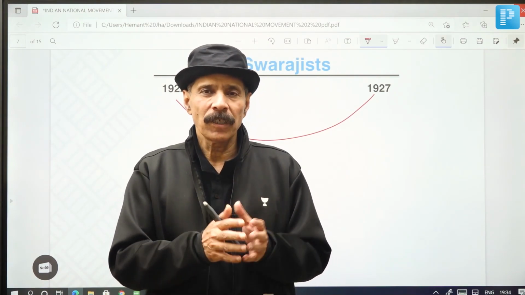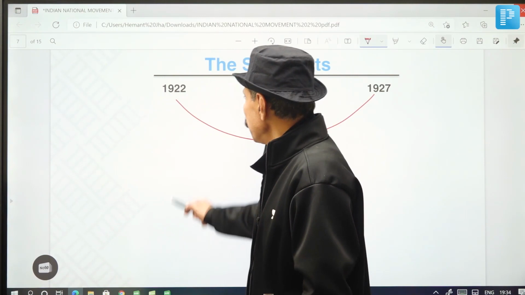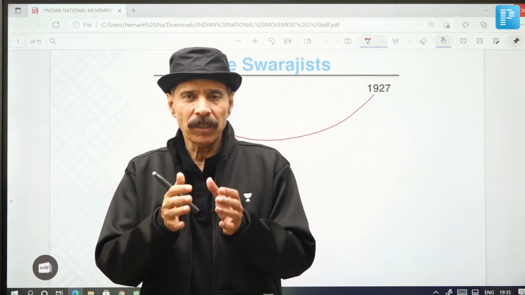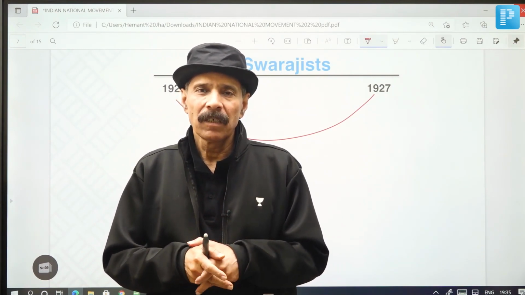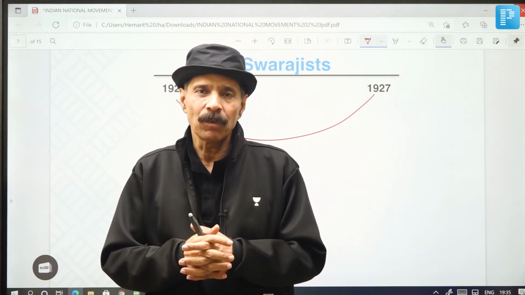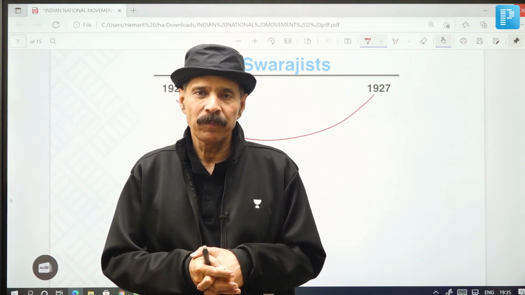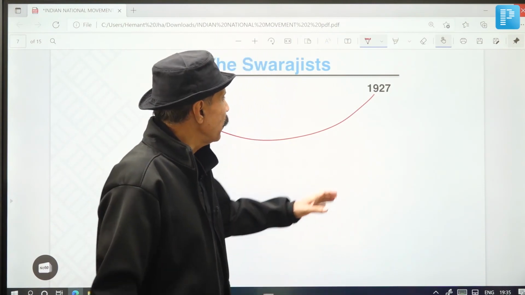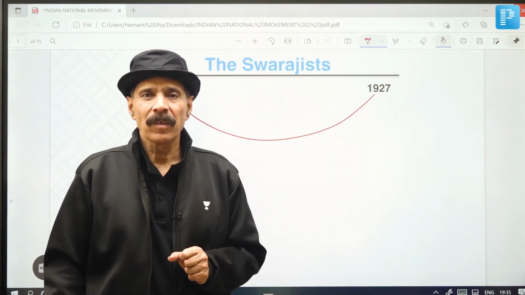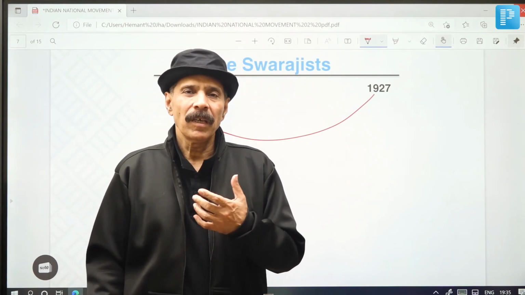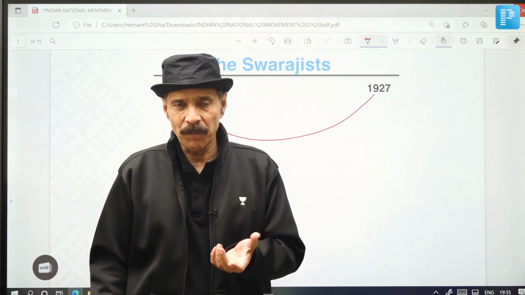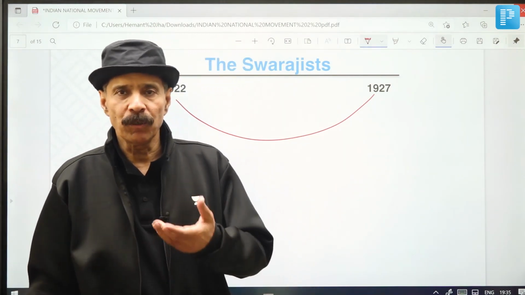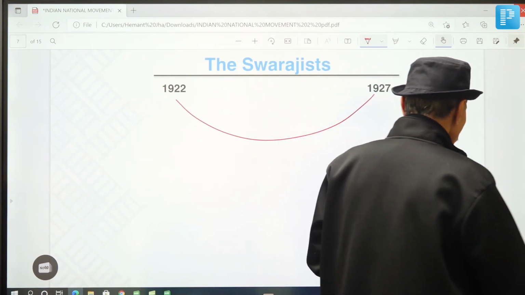Swarajist constitutional politics played a role during this period, 1922-1927, in filling a political void created by the sudden suspension of the non-cooperation movement in 1922. Swarajist politics came to an end in 1927 because of the announcement of the Simon Commission and the beginning of the anti-Simon movement. Now let's move on to the next aspect.